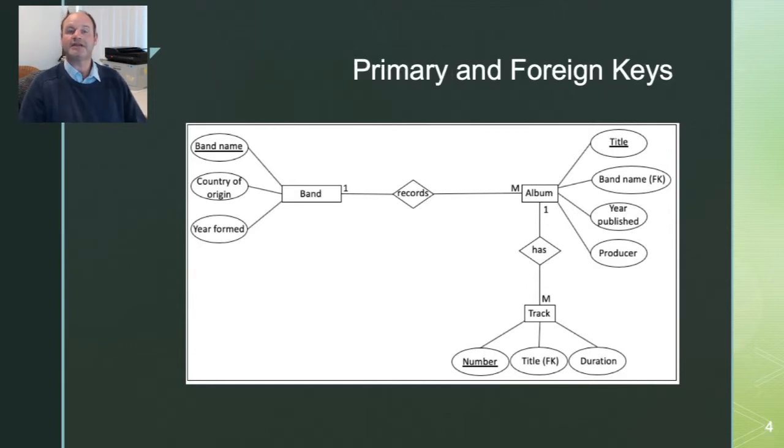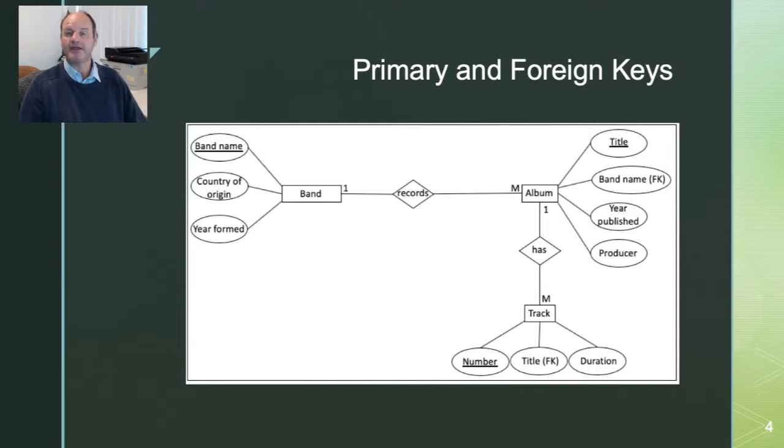Still using the same diagram, let's have a closer look at the attributes. In order for these tables to have a relationship of any sort, they need to be linked. In the ER diagram, you can see primary and foreign keys. Just like when we wrote out the tables in normalization, we show the attribute, which is the primary key, as an underline.